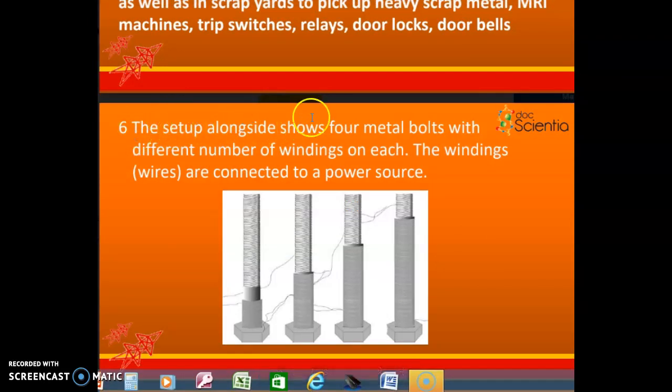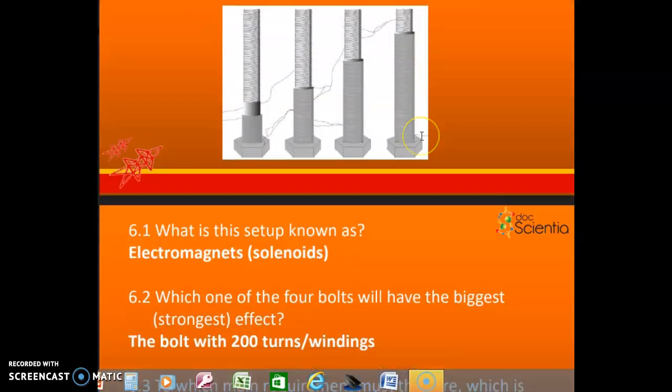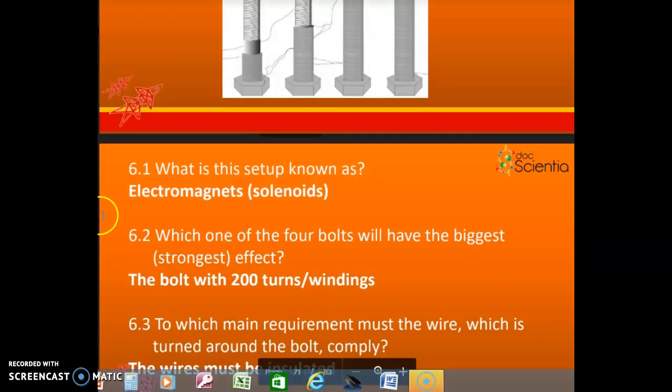Number 6. The setup alongside shows 4 metal bolts with different number of windings on each. The windings or wires are connected to a power source. So there's a long one, shorter one to the shortest. The question is, what is this setup known as? It's called electromagnets or solenoids. 6.2.